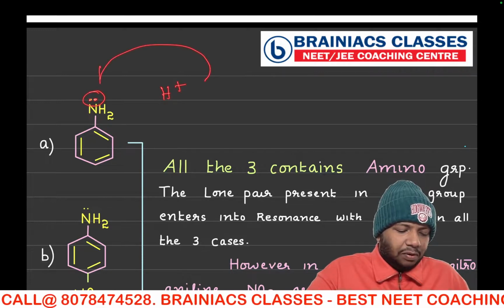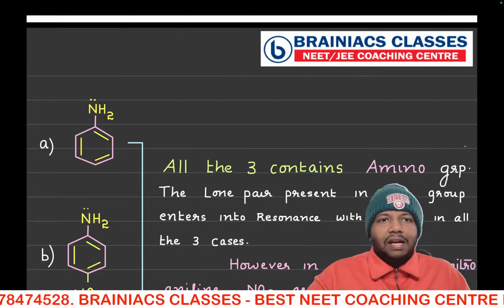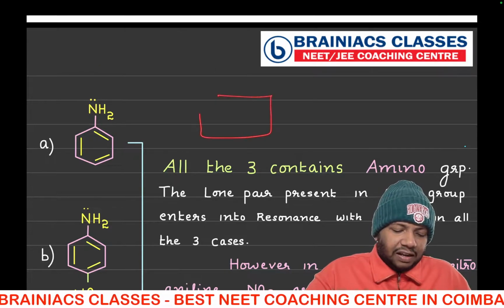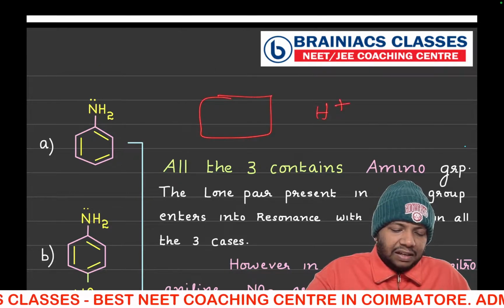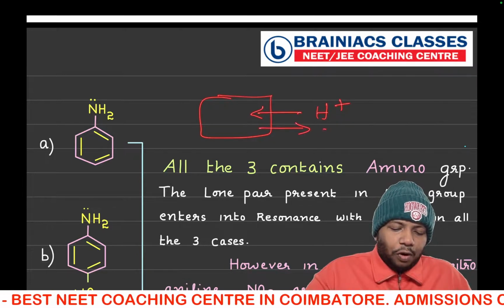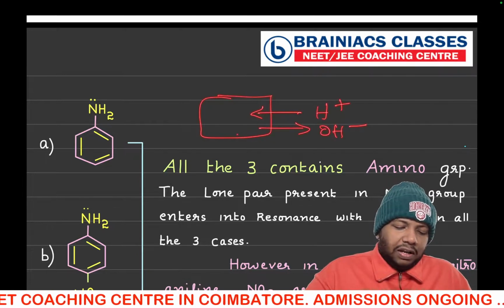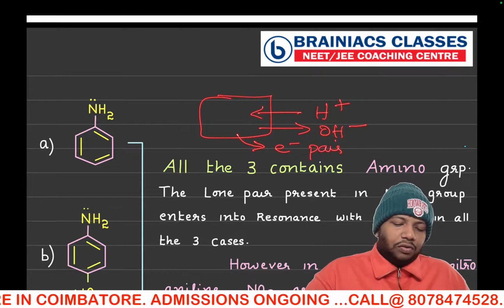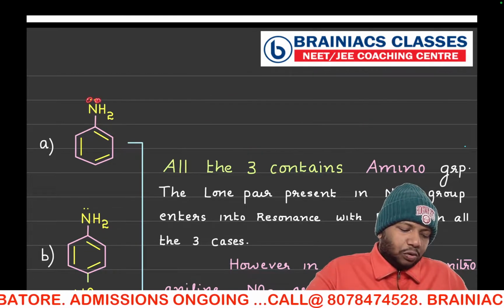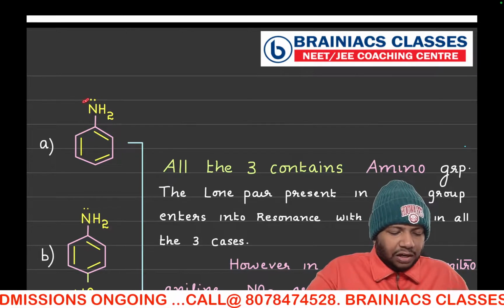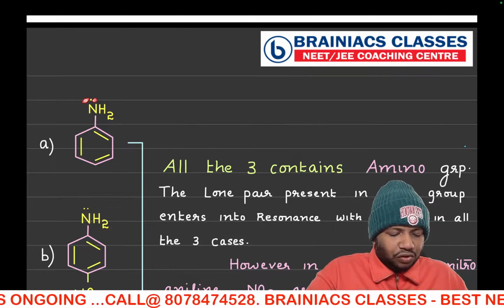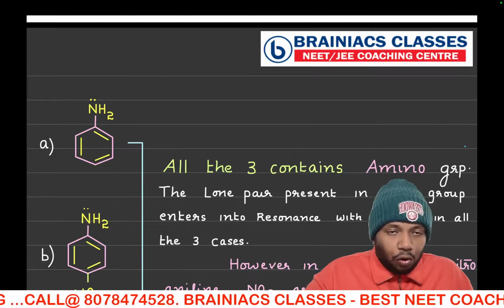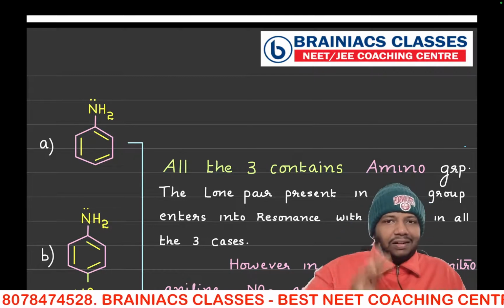Basic means three definitions: either it is capable of attracting H plus, or donating OH minus, or donating an electron pair. So if it wants to donate an electron pair, or attract H plus, the lone pair should stay here. It should not move. So we will analyze with this understanding.